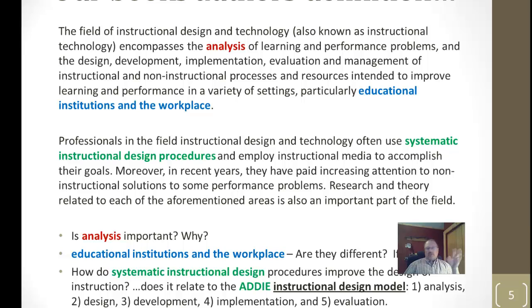Are they different? Well, yes, they are different. But as we think about it, they really aren't very different. They're more similar than dissimilar. Do you agree? I certainly think that they are more similar than dissimilar, although you may use some different strategies for different types of education and workplace.